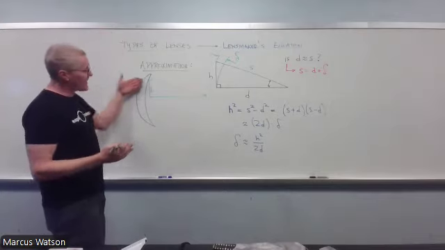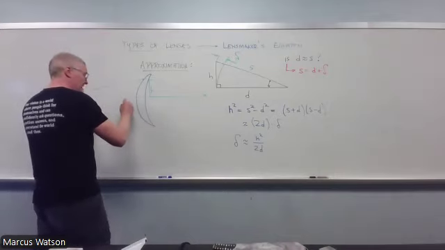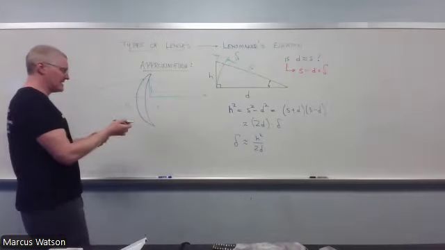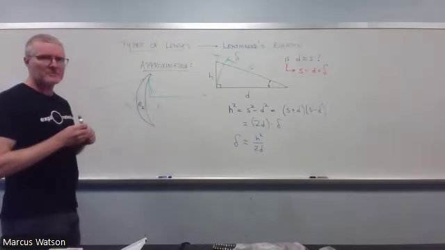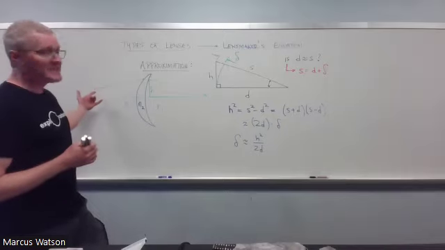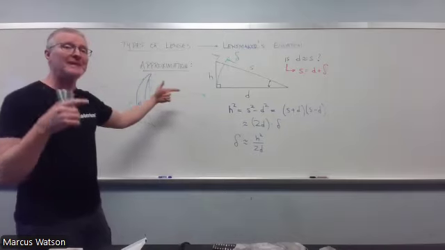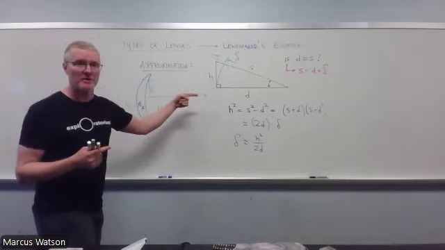So if I do that, I'm going to say that I have an index over here, call that N1. This is also N1, but inside the material, maybe the material is N2. So the time it takes the light to go up here and then down there should be equal to the time it takes the light to go straight through.